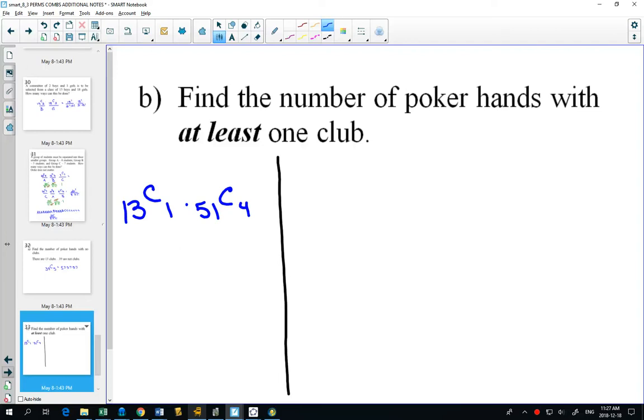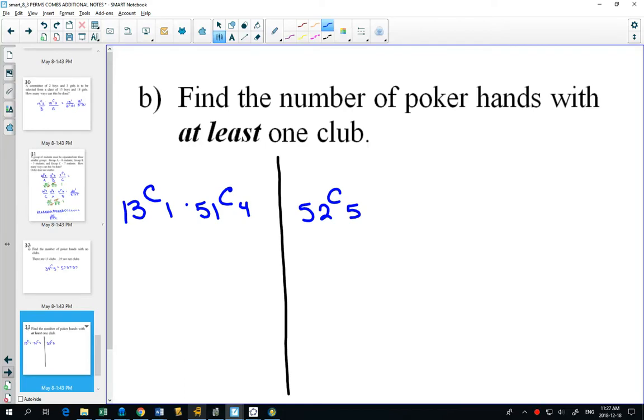Method 2. Method 2, it's got my 13 cards here. I already know that all the poker hands in the world are 52, choose 5, because we figured that out already.